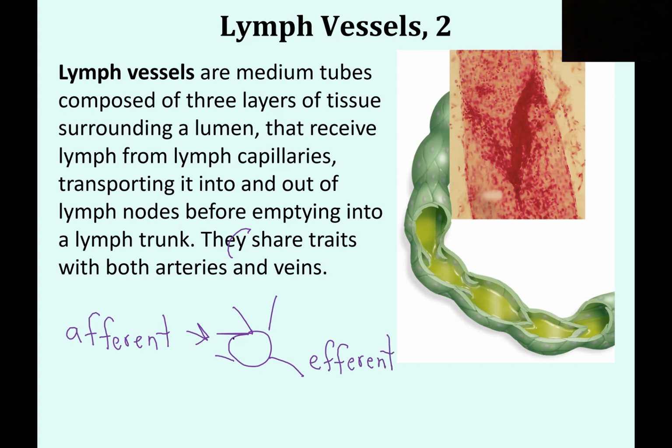So lots going in, less coming out. That allows the lymph node to do its job by carrying out immune activities. So lots of entrances, arriving fluid, several exits.